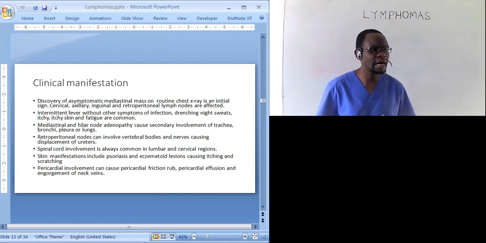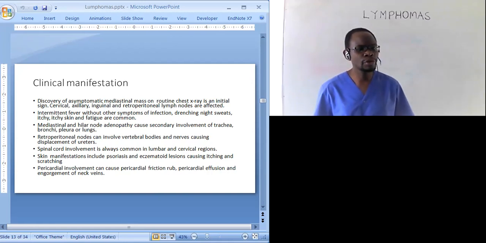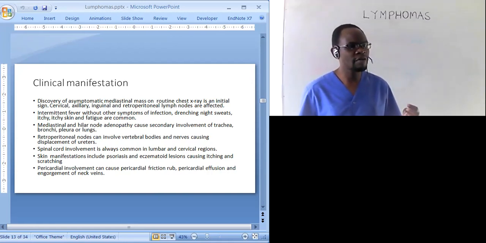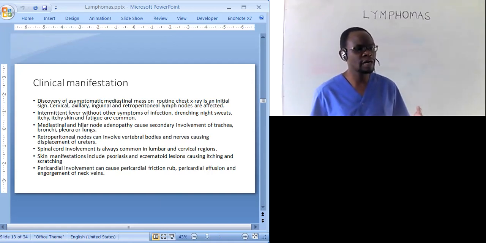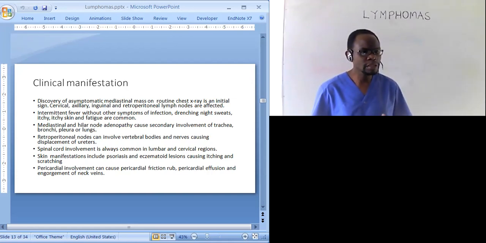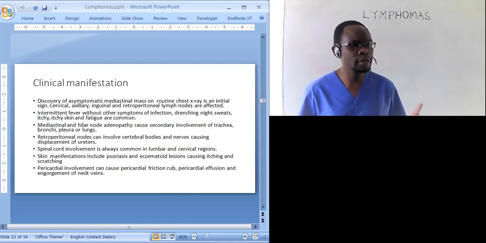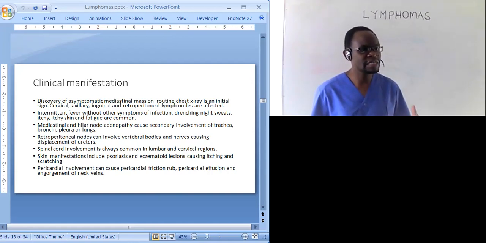You can have lymphadenopathy in the hilar and mediastinal nodes. And then you can also have retrosternal nodes, which can involve vertebral bodies. Spinal cord involvement is usually common, especially with the lumbar and cervical region. Then you have skin manifestations.